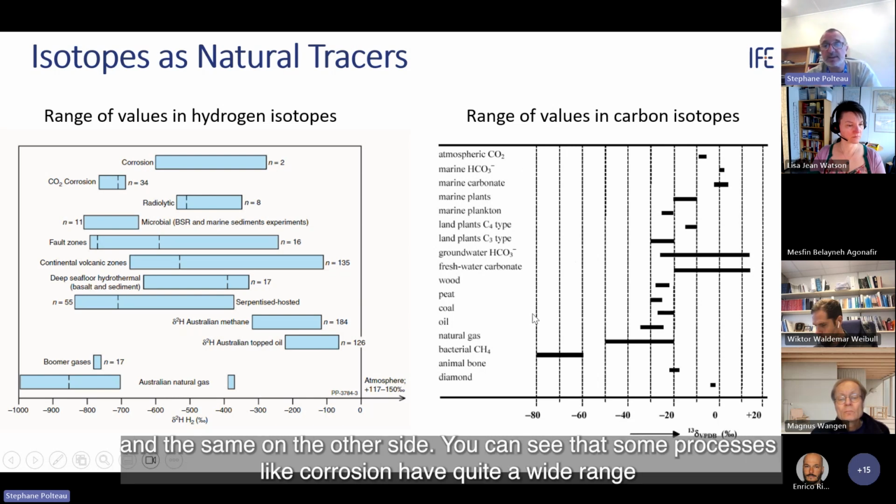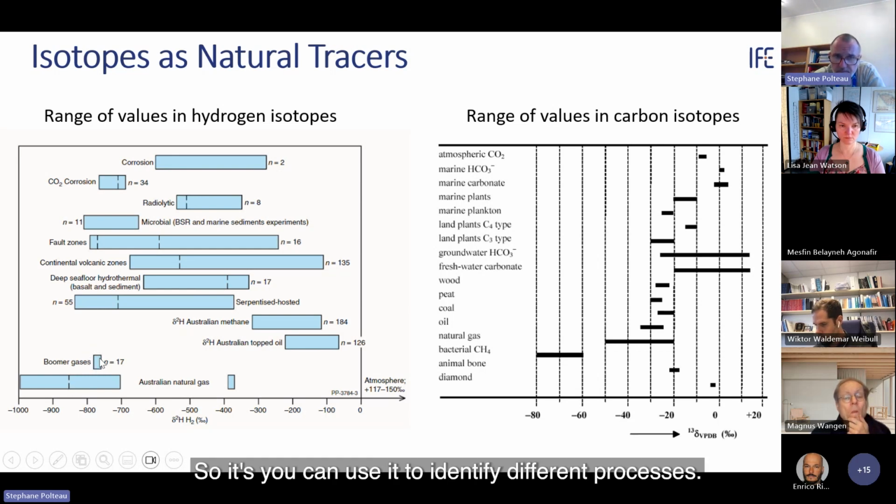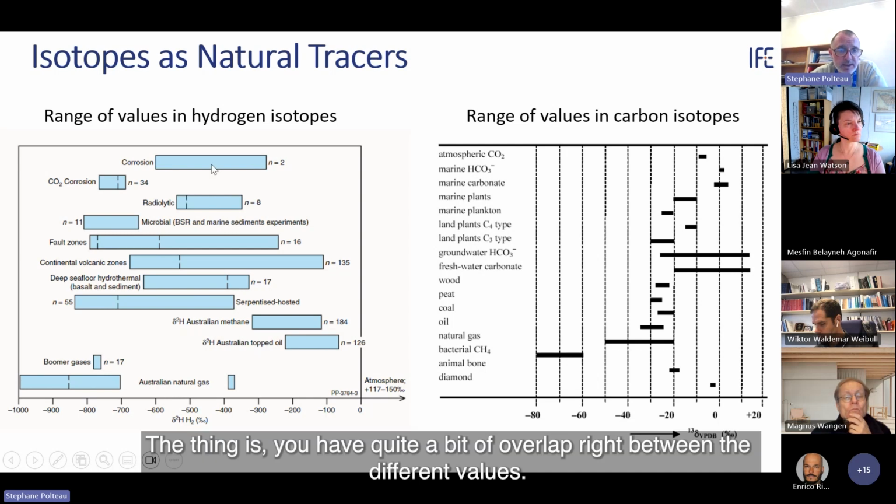You can see that some processes like corrosion have quite a wide range, and some have a very small range. So you can use it to identify different processes. Same for carbon. The thing is, you have quite a bit of overlap between the different values.